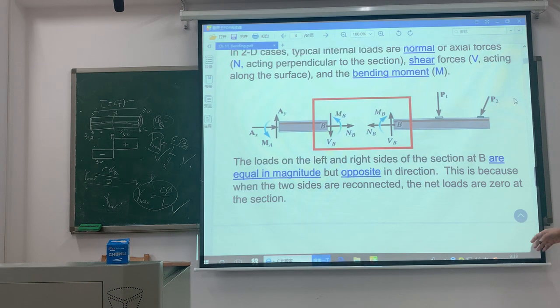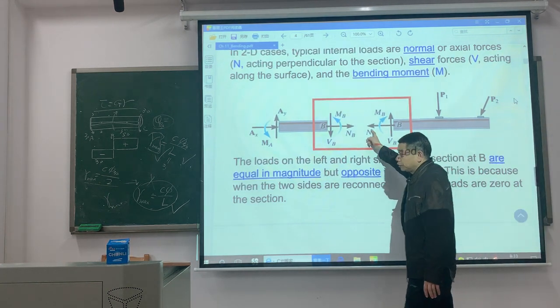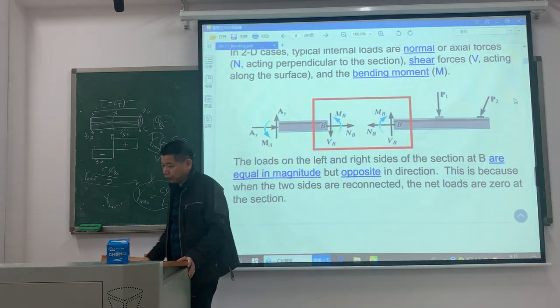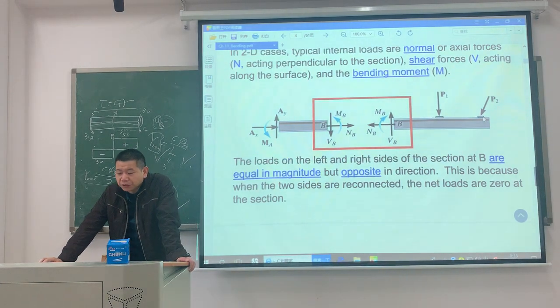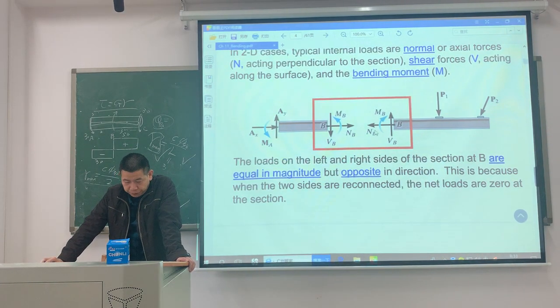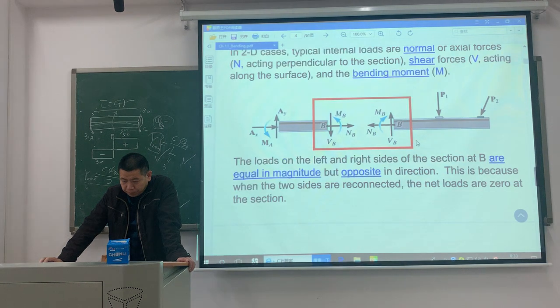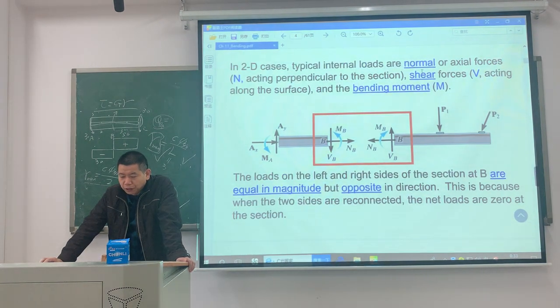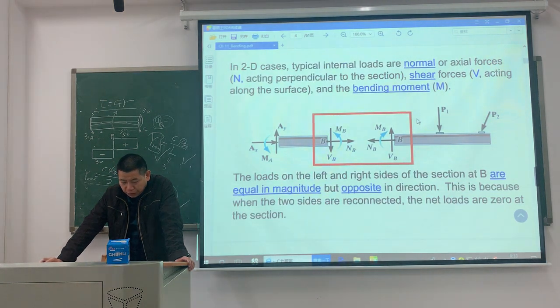It is almost 0. Normal force is almost 0. You will find the result.